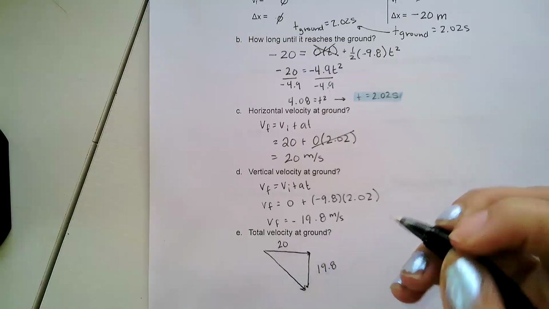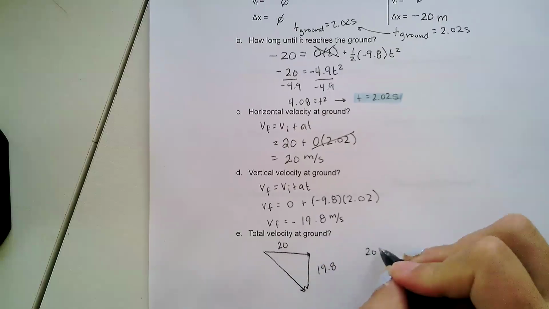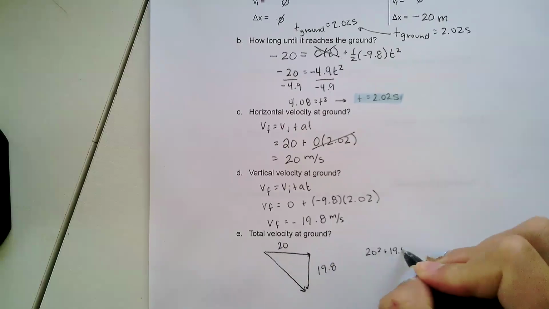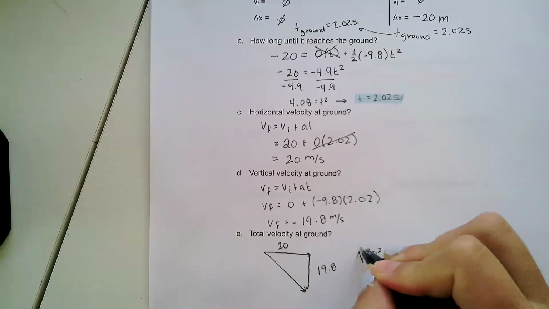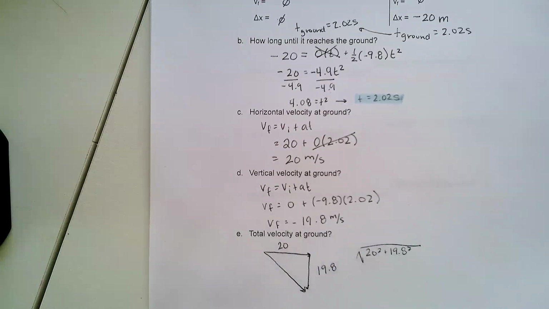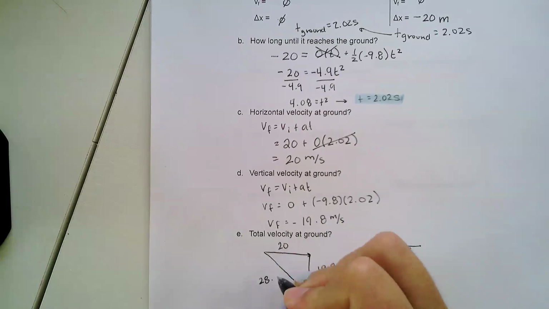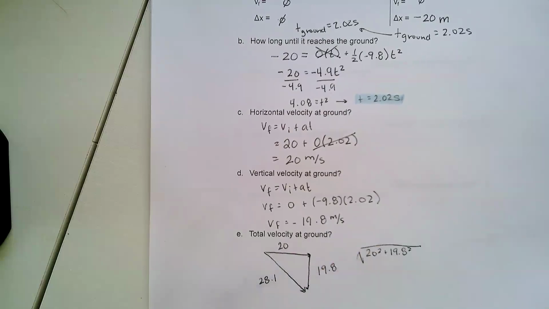And we want to find the hypotenuse. So 20 squared plus 19.8 squared, and then we're going to take the square root of that. And we end up with 28.1 meters per second.